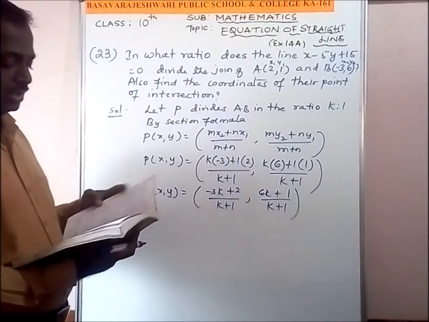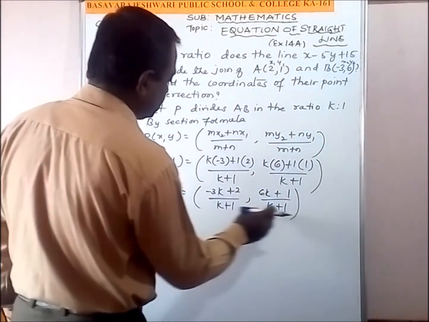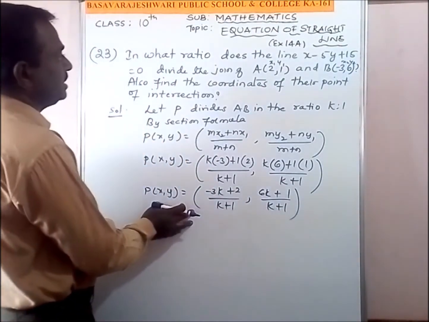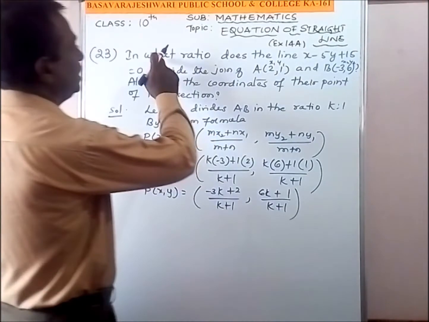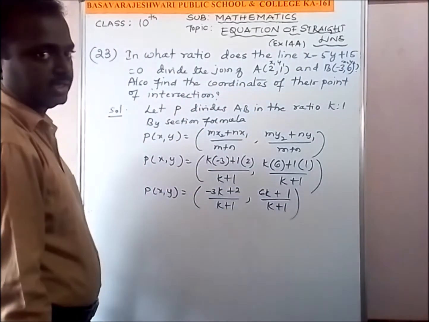So now what we have to do, this is the value of x coordinate. That means P is lying in the equation. Which equation? x minus 5y plus 15. Correct?